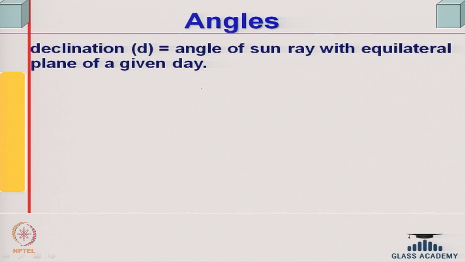Okay. The sun's position is defined by two angles, I said, but the sun's position actually changes from day to day, because the earth has got a banking of 66 point whatever degrees, 23.5 and 66.5.